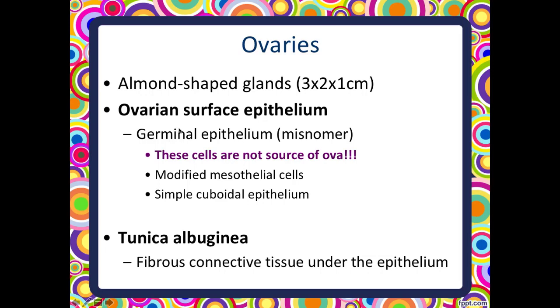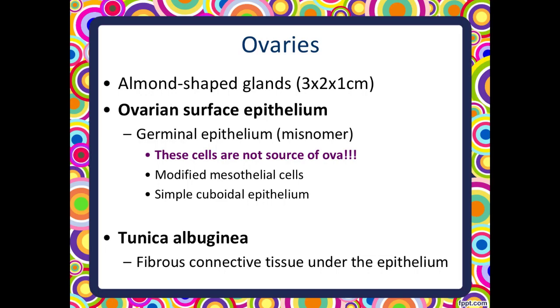We should not use this name because it used to be thought that the gametes, the germ cells, are products of this epithelium, but it's not true. They are not the source of the ova. So we should not use the term germinal epithelium, and we should call this epithelium the ovarian surface epithelium.